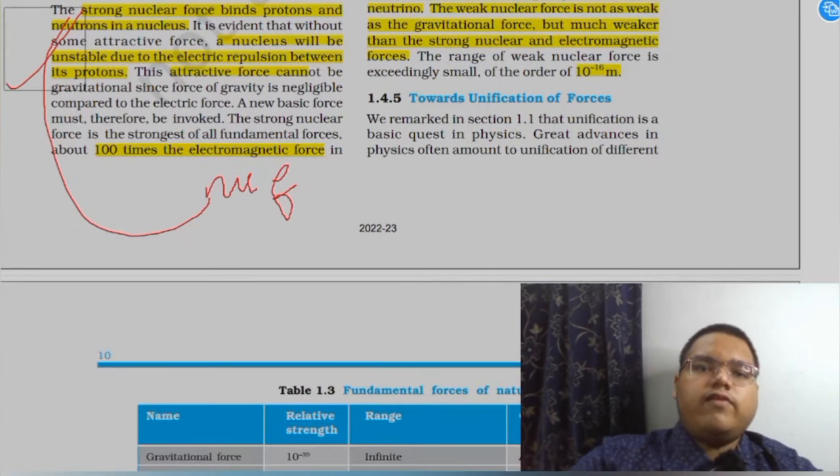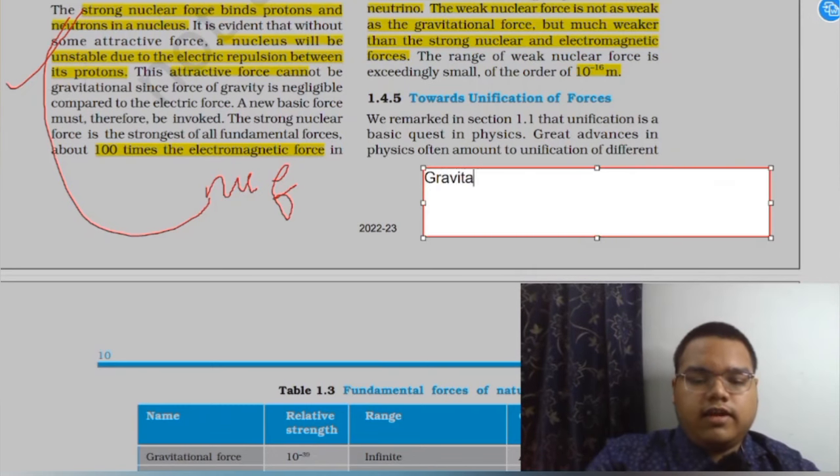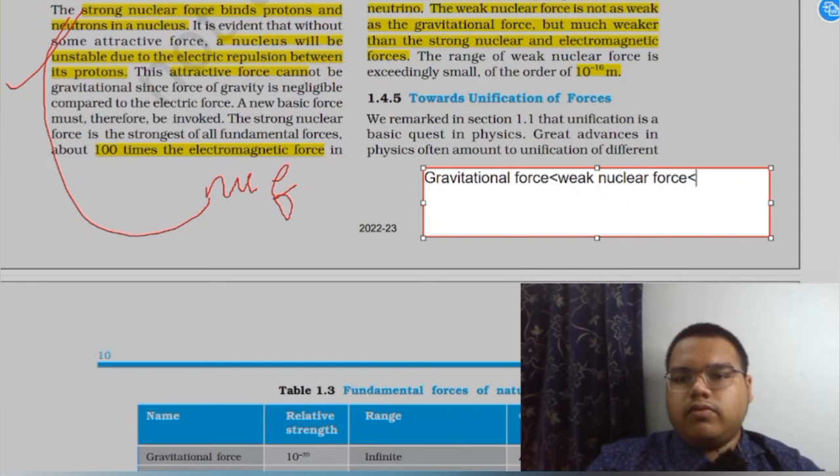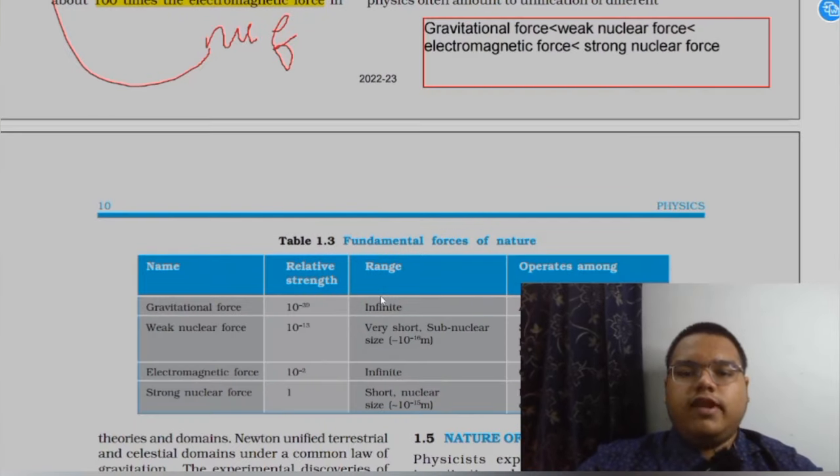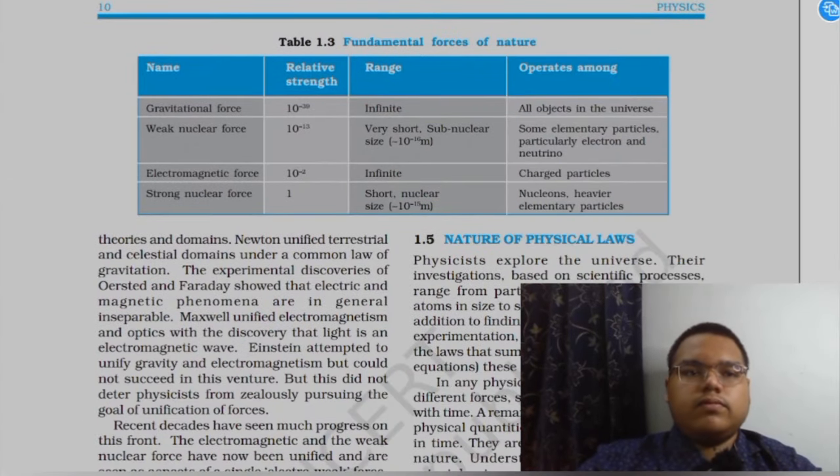So it is a general fact that gravitational force is weaker than weak nuclear force, which is still less than electromagnetic force, which is again still lesser than strong nuclear force. So next, here's the order.